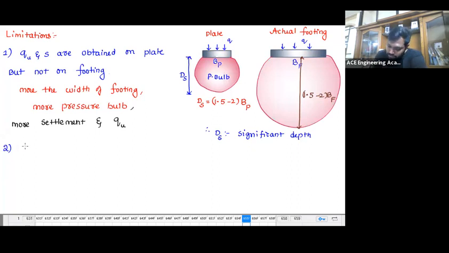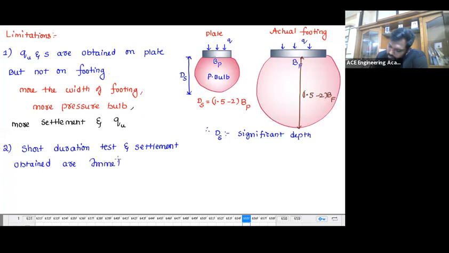This is a short duration test, and the settlements obtained are the immediate settlements.